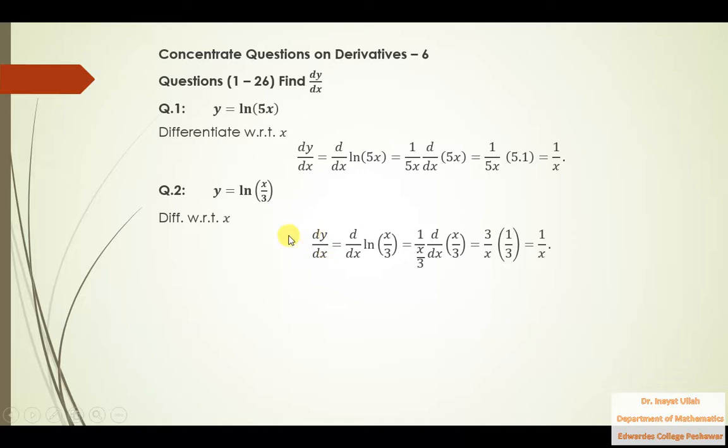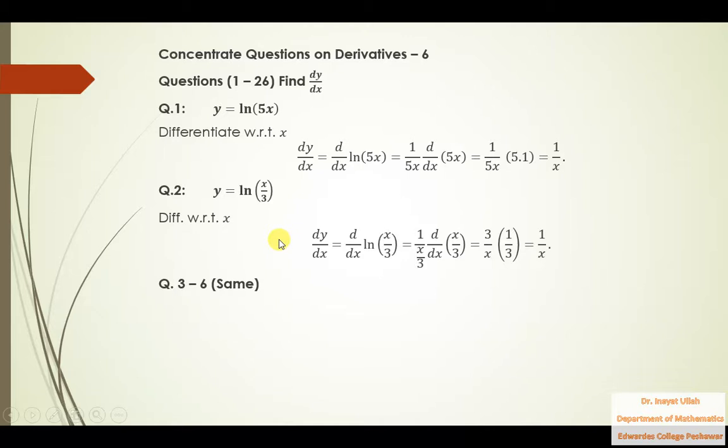Derivative of natural log of u is 1 by u, 1 by that u, into derivative of this x by 3 again, and derivative of x by 3 is, derivative of x is 1, so that is 1 by 3. Cancelling this 3, we get 1 by x. That is the derivative of this function.